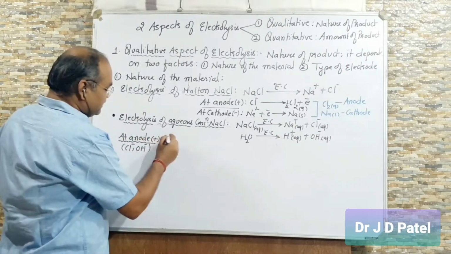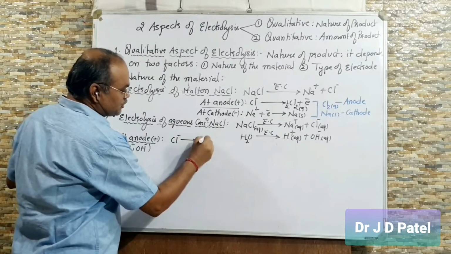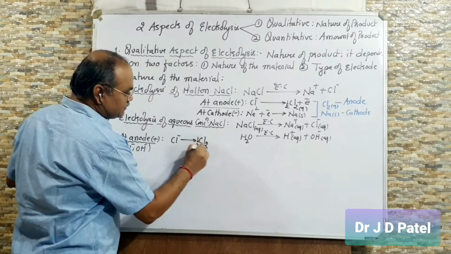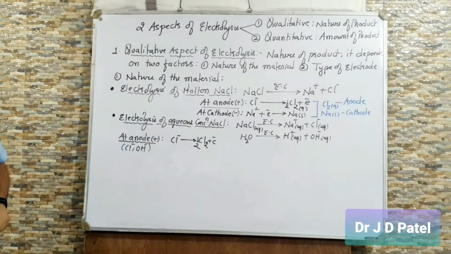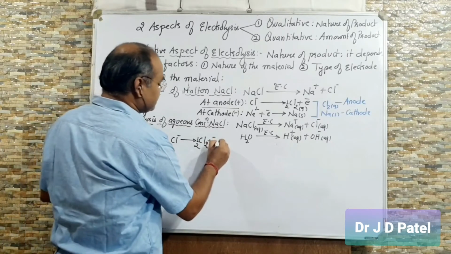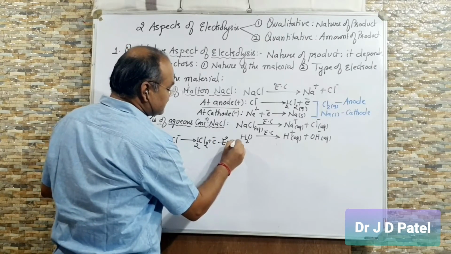Let us see. If Cl minus undergoes oxidation, it will be converted to Cl2 plus electron. This we know. Its E0 value is 1.36 volt.